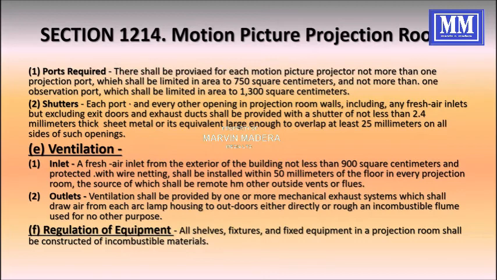For outlets, ventilation shall be provided by one or more mechanical exhaust systems, which shall draw air from each arc lamp housing to outdoors, either directly or through an incombustible flue used for no other purpose. All shelves, fixtures and fixed equipment in projection rooms shall be constructed with incombustible materials.